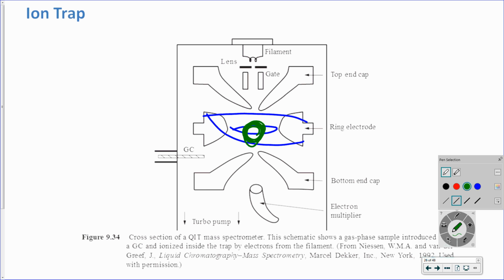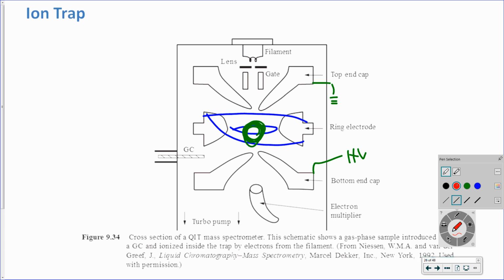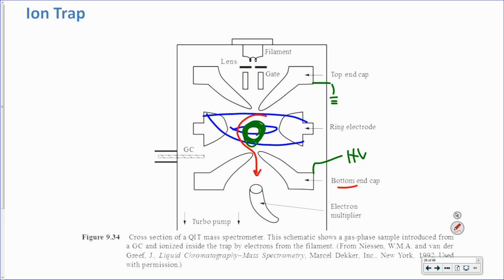And as you scan the potentials on one's at ground, the other one has a voltage to it. As you scan the potentials on this, it causes these ions to destabilize and get ejected, and it gets ejected out a hole and then goes into the detector. So you scan this potential, and you can selectively eject out different ions.